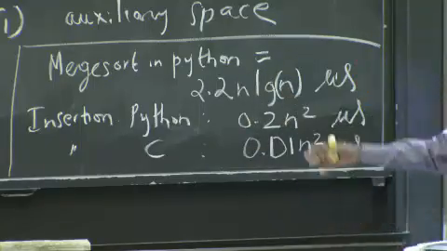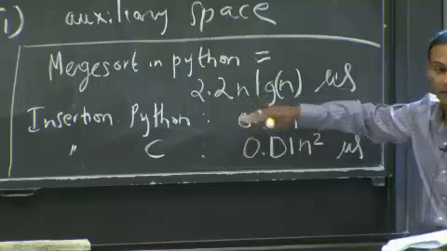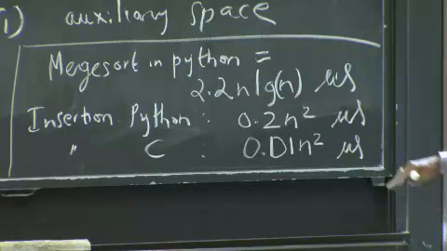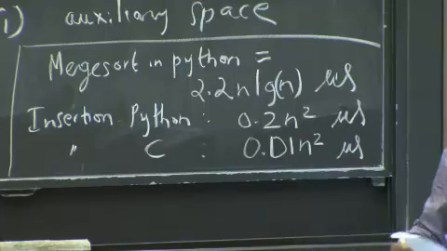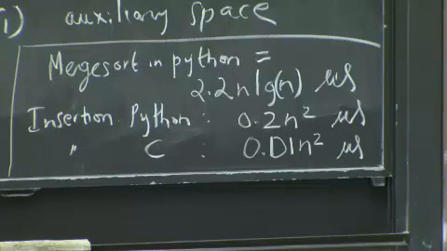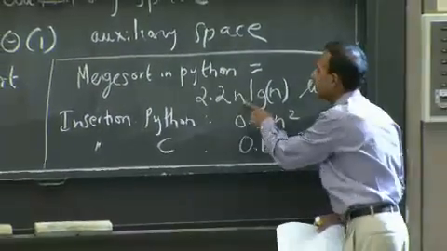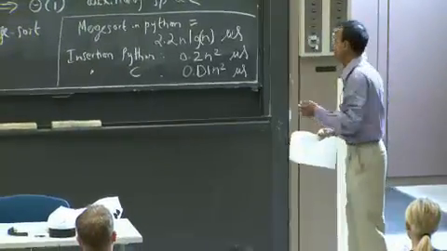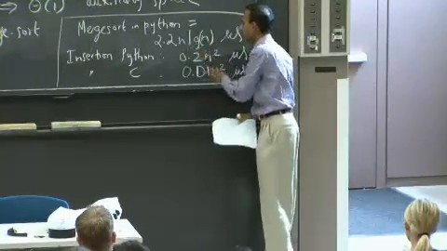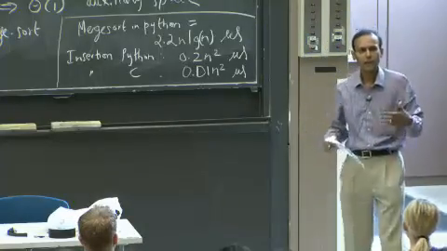So a little bit of practice on the side. We do ask you to write code, and this is important. The reason we're interested in algorithms is because people want to run them. And what you can see is that regardless of whether you're in Python or C, asymptotic complexity is pretty important, because once n gets beyond about 4,000, you're going to see that merge sort in Python beats insertion sort in C. Right?